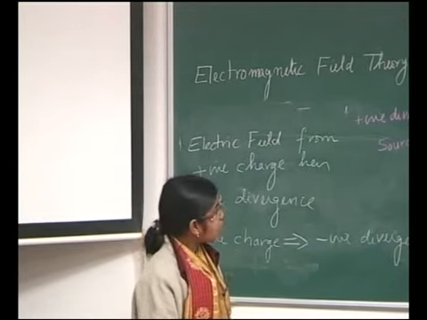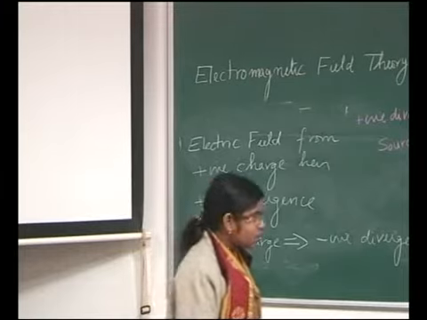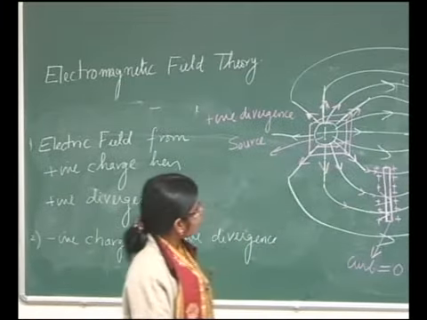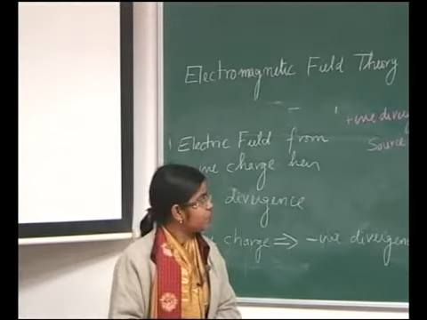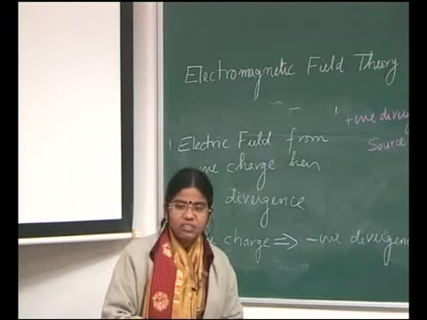Now, till now we have been dealing in Cartesian system, but generally, because charges are spherical in nature, the fields radiated by them, the fields that originate from a point charge, are generally spherical in nature.